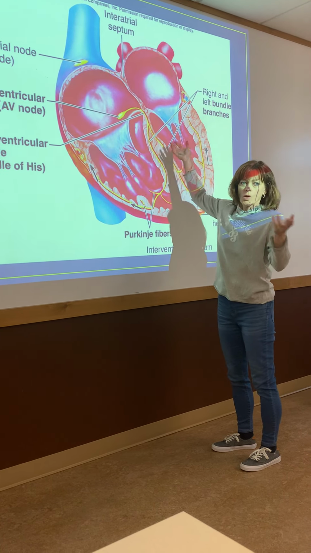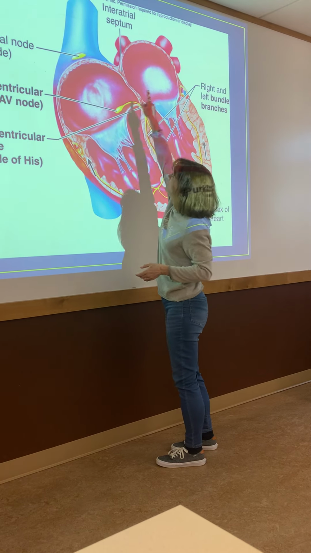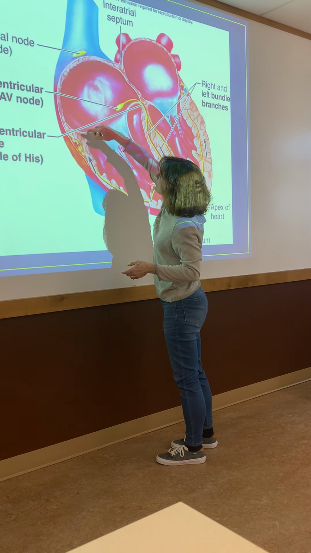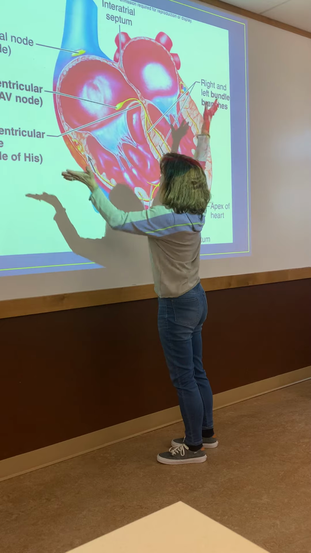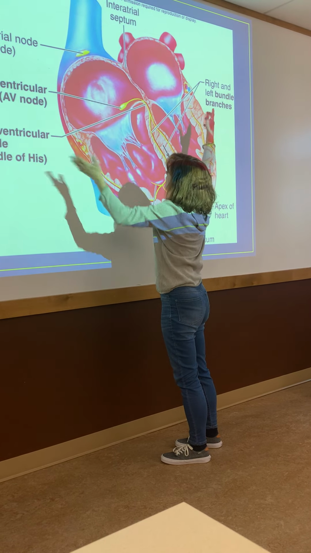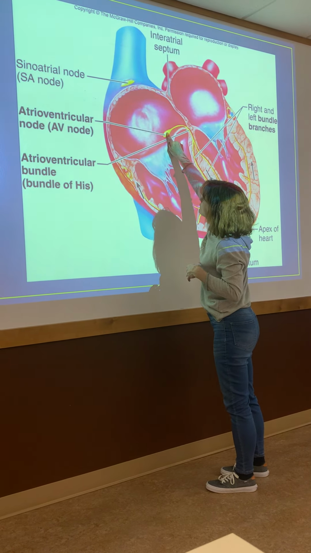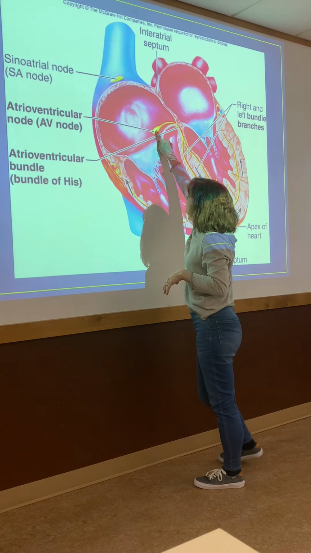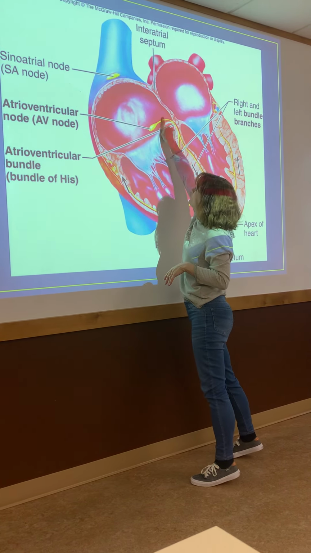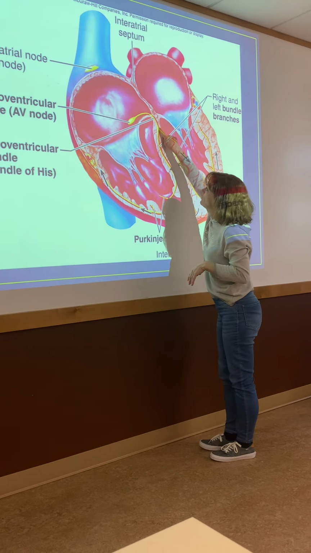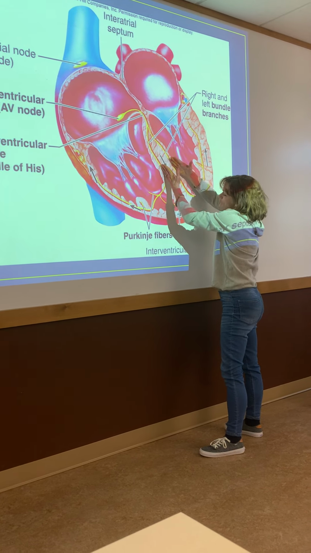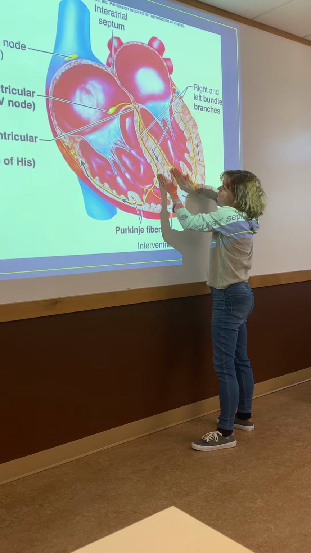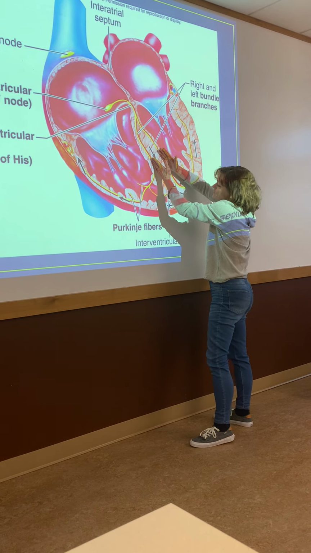So the SA node has neuronal type fibers that come off of it and branch to the atria and then tell the atria, time for you to contract. Then that impulse is connected to the AV node, and when it hits the AV node it's going to zoom it through a big bundle called the bundle of His, through the walls of the ventricles, the interventricular septum, and it's going to branch to the right and left bundle branches.